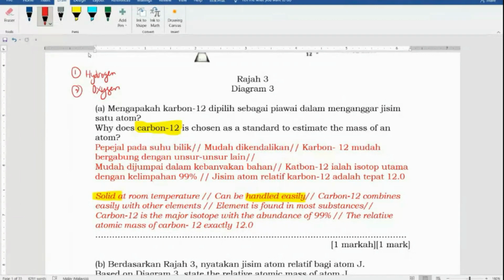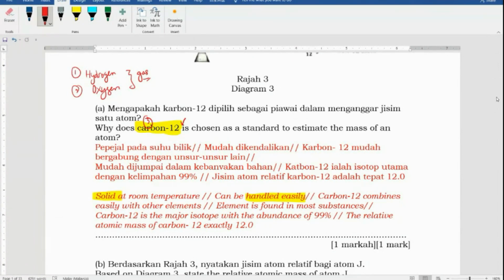Then finally, it came to carbon 12, and we stick to carbon 12. The first and second were changed at the end because they are gases, so it is a little bit difficult to compare using a gas. But carbon 12 is a solid, so it is easily handled.